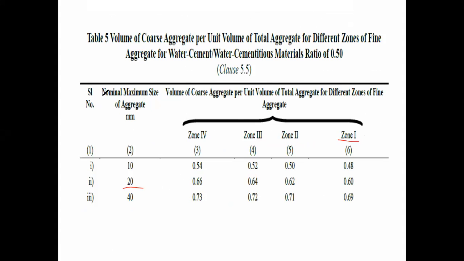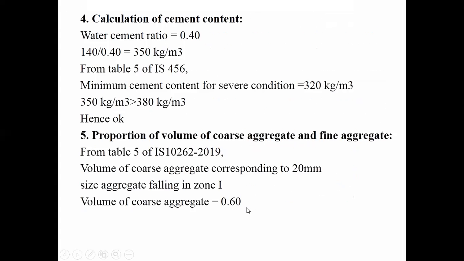Maximum nominal size of aggregate, volume of coarse aggregate per unit volume of total aggregate. Zone 1 is 0.60. This is how you are going to use the code book. So it is taken as 0.60, using the code book IS 10262. You note it here, this is table 5 of IS 10262.